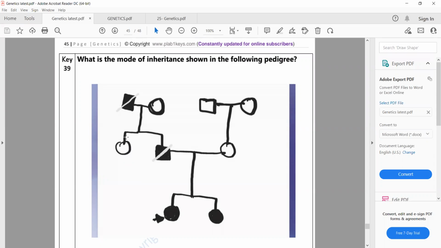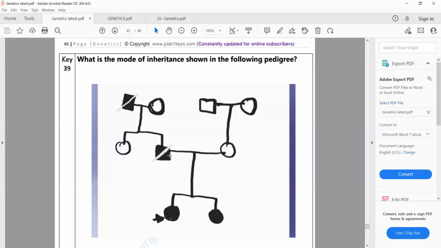So if it were autosomal recessive, a carrier should have been present, because both the genes are defective, and a single gene cannot cause the disease. You can see that here this male is also affected.